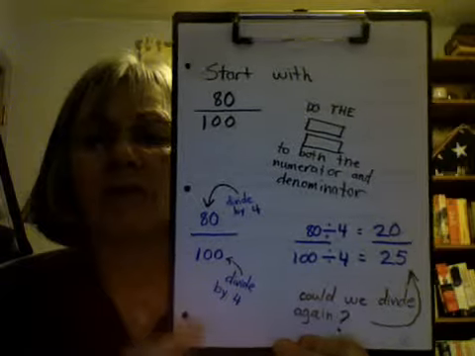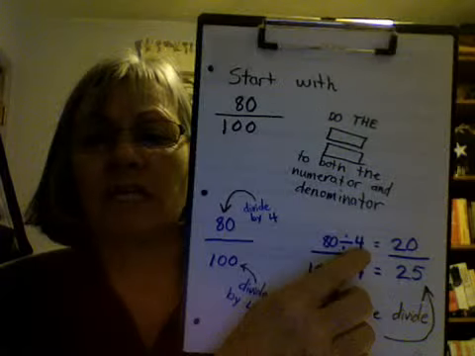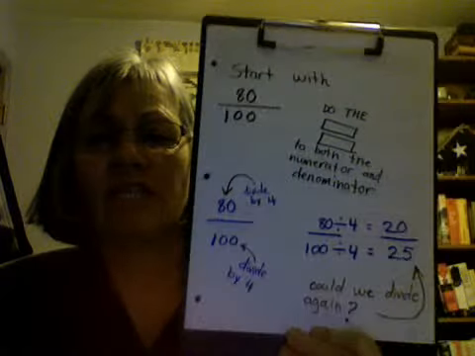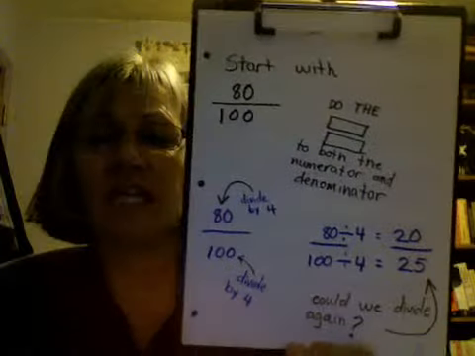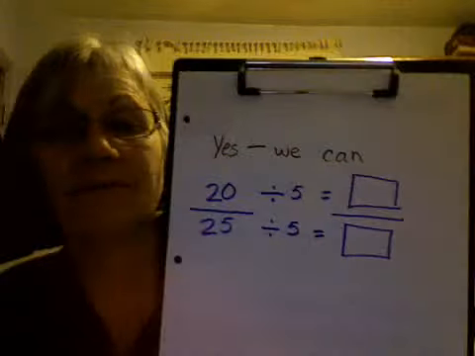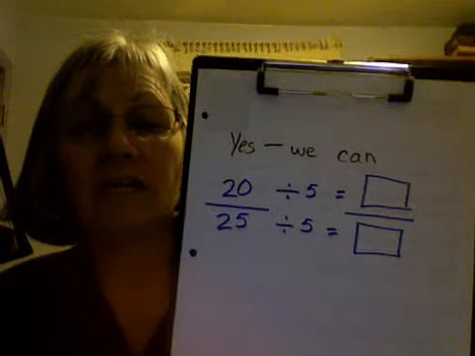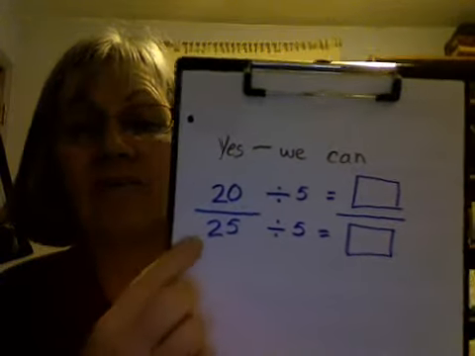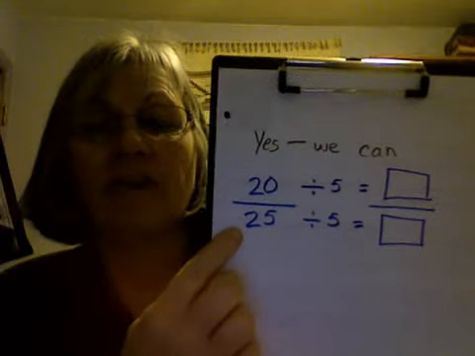I'm wondering about this with our 20/25. Could we divide again? What do you think? Yes, we can. We know that 20 and 25 can both be divided by 5.